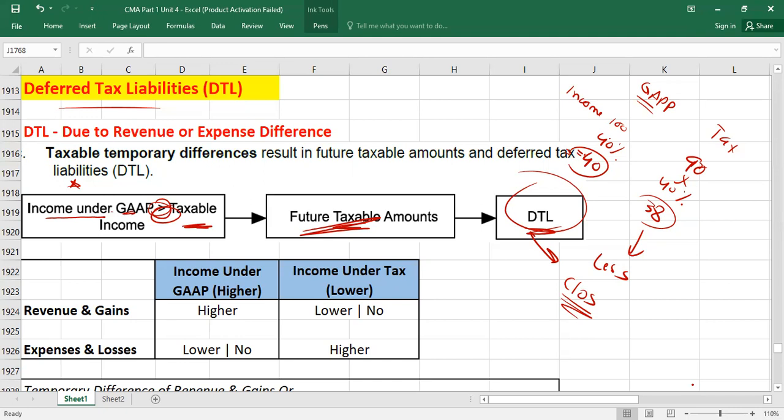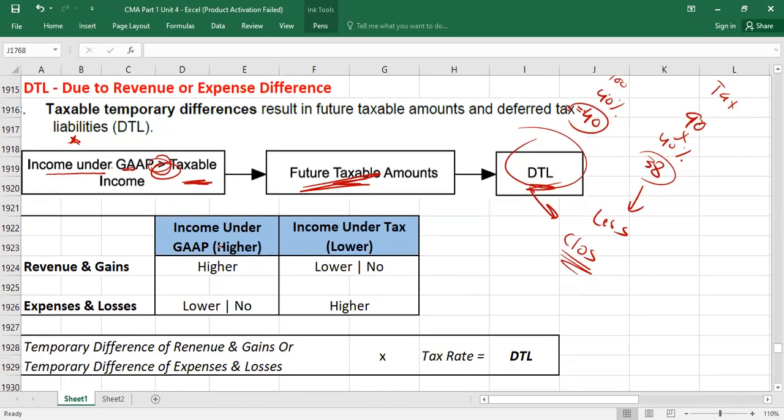Now, open your mind and think. We said GAAP income is higher than income under tax, right or wrong? Now you have to think, need concentration, why GAAP income is higher.